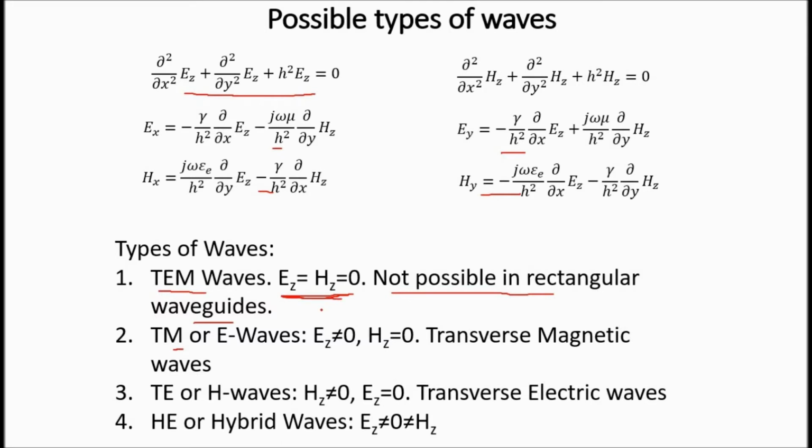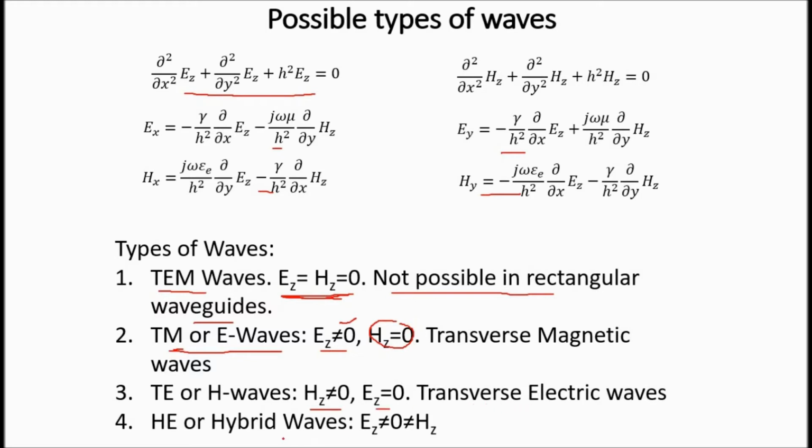For transverse magnetic or E waves, we have Hz equal to 0, but Ez is not 0. That is called transverse magnetic wave. And for transverse electric wave or H wave, Hz is not equal to 0, but Ez is 0. That is called transverse electric wave.